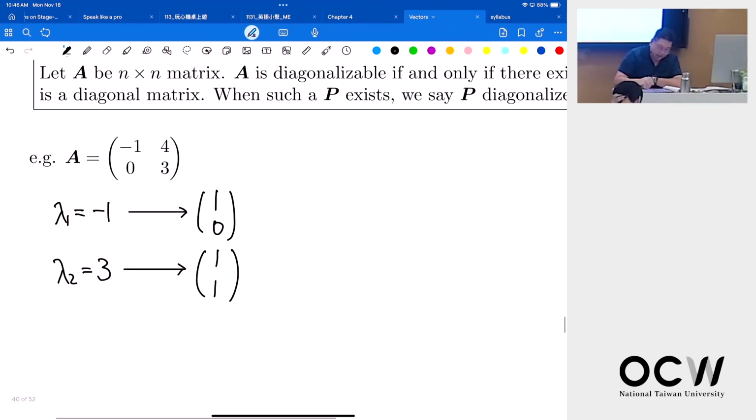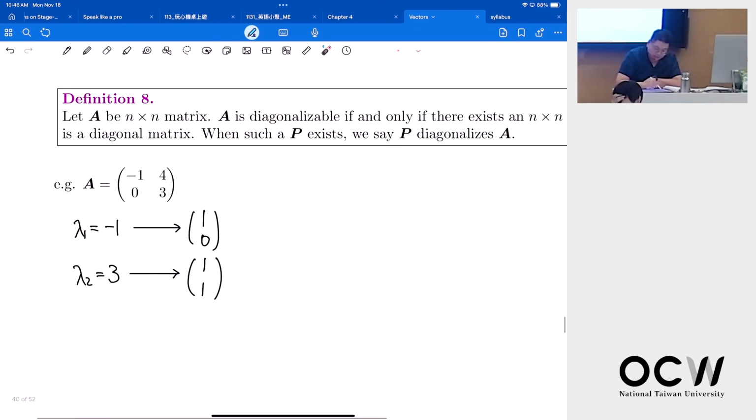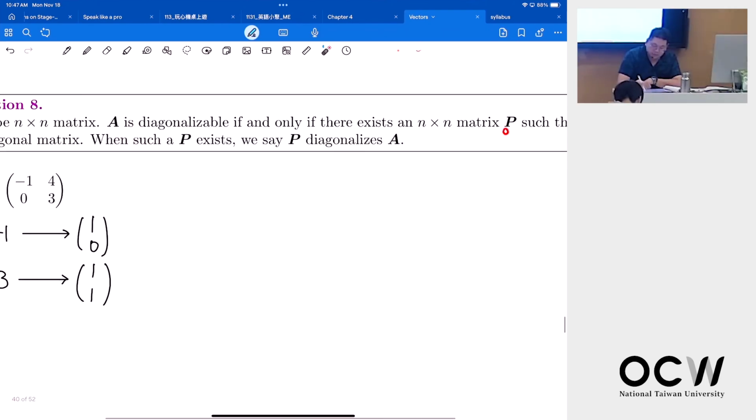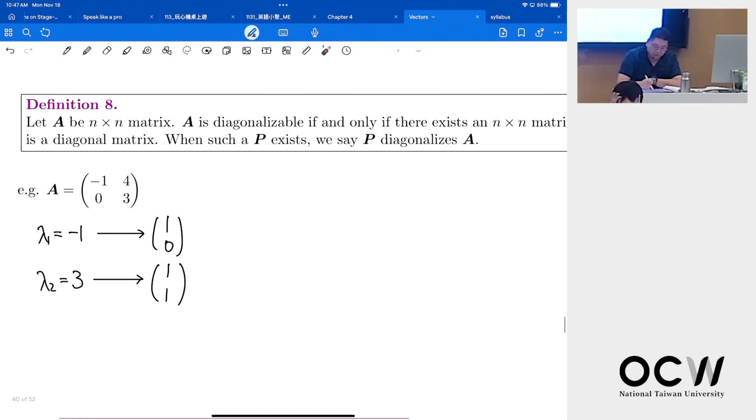Now, for this P, you can see that A is not a diagonal matrix, right? Because I have values off the diagonal. But I may say that A is diagonalizable if and only if I can get a matrix P, then P inverse AP will be equal to a diagonal matrix.